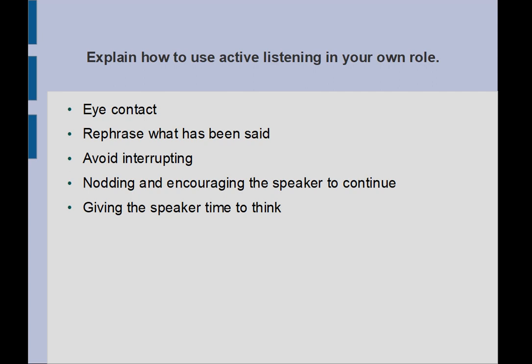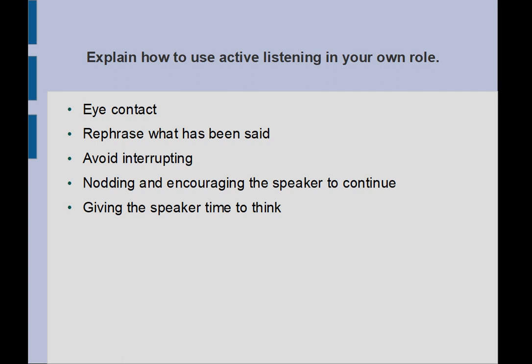Same with avoiding interrupting with your own stories. We don't want to do that necessarily. And making eye contact again shows that you're interested. Like I said earlier, the person who's speaking normally looks away and looks back, and looks away again when they're speaking and thinking.